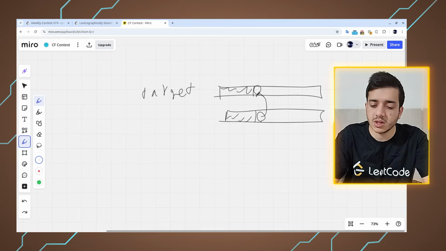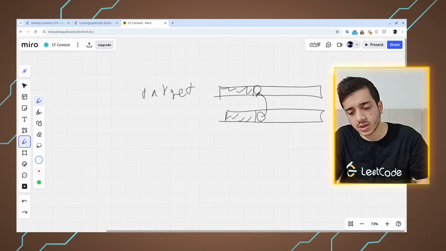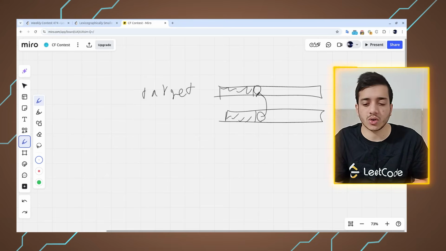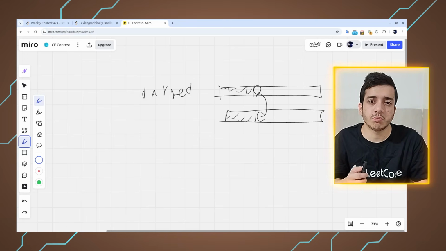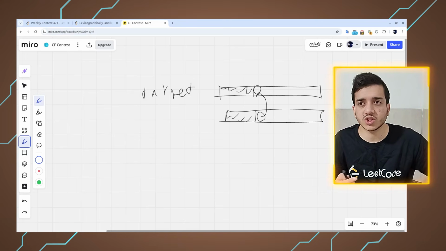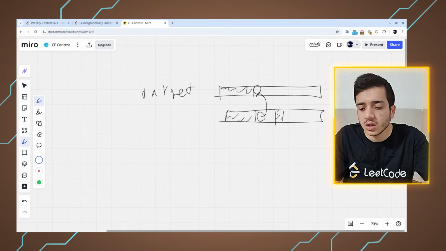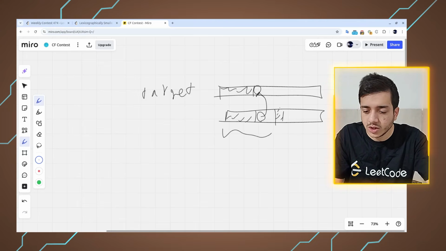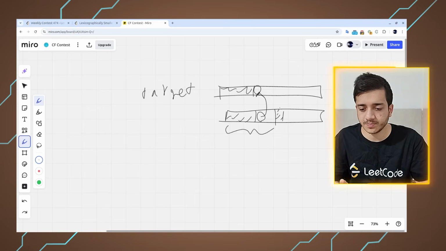To check if we can make a palindrome using characters in S, you should check that the count of all characters is even, but it can be odd for just a single character, which will be placed right here. Then we exactly know which characters we are going to place here, and we are going to do the same copy here, but in reverse order.